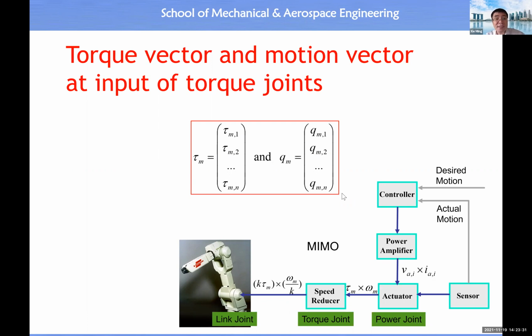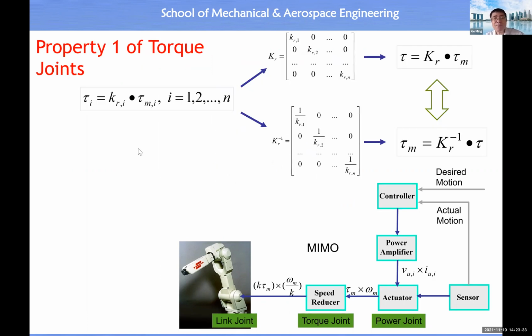Since the relationship between output from the top joint and the input to the top joint is described by this one, you see the top joint basically amplifies the torque by a factor of k. k is also called the speed reduction ratio. So then we have a system of n such equalities because i varies from 1 to n. Then we can write this system of equations into this matrix form. The KR inside is a diagonal matrix.